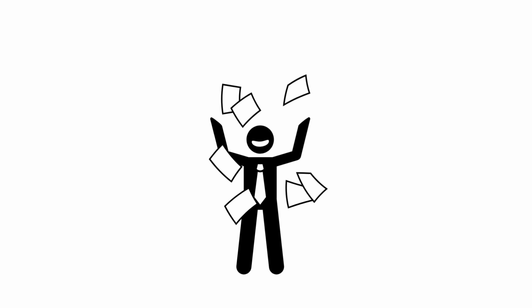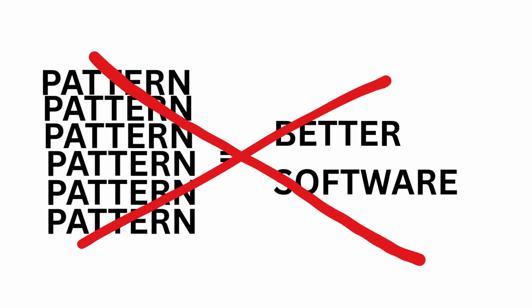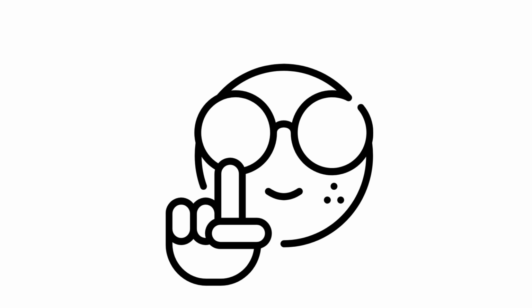Now finally, let us evaluate the idea that using many patterns always makes software better. Personally, I disagree with that statement. Because while patterns provide structured solutions, overusing them can lead to over-engineering, where the system becomes unnecessarily complex and harder to understand.